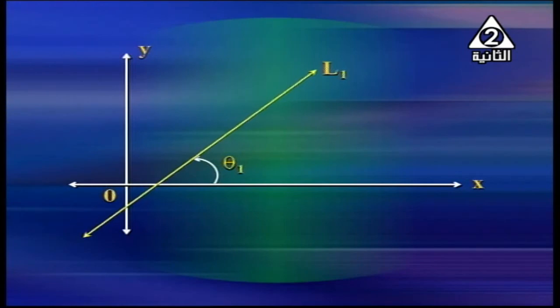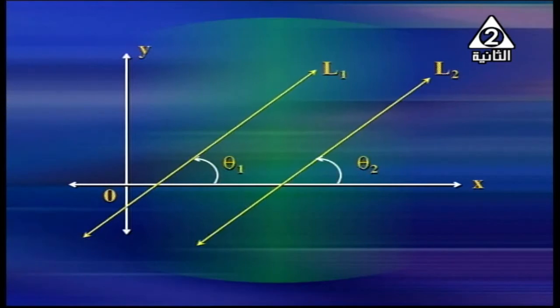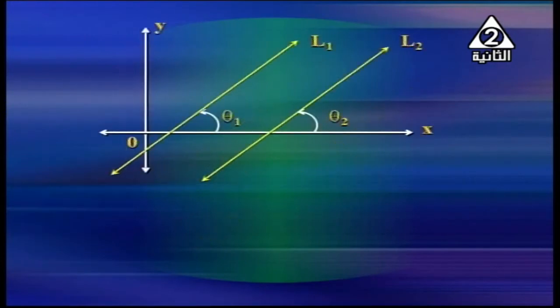And try to draw another straight line, L2, which makes an angle of measure theta 2 with the positive direction of the x-axis. These two lines will be parallel. So L1 is parallel to L2.